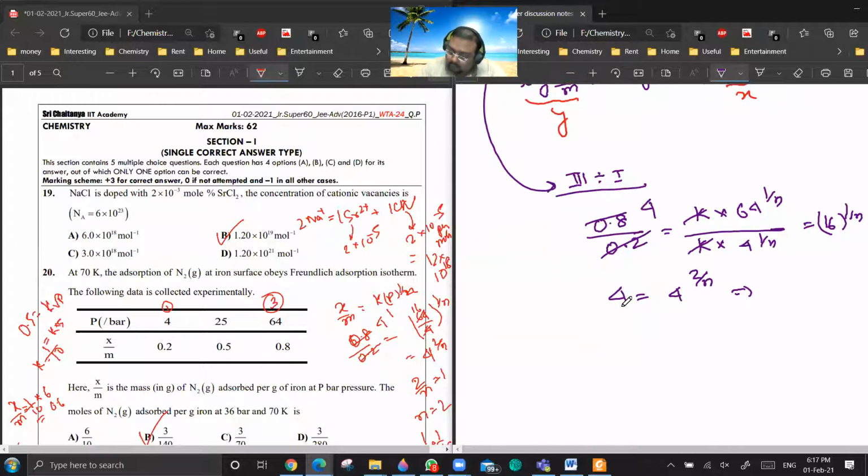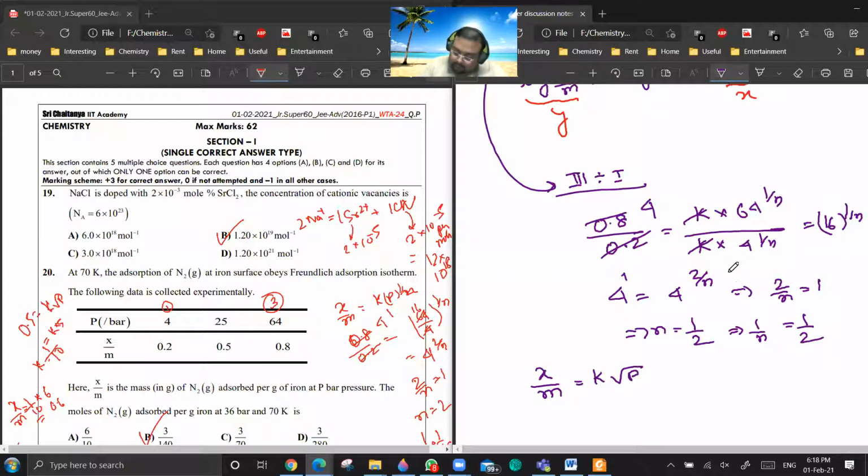So from this I can say that 2 by n is equal to 1, or n is equal to half, or 1 by n is equal to 1 by 2. So my equation actually is x by m is equal to k under root p.